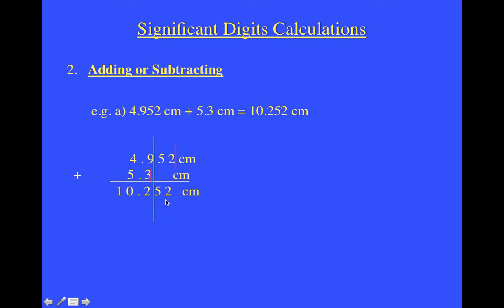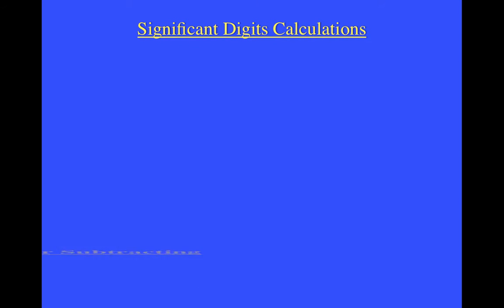Those 5.2, we can't account for them because the second measurement wasn't precise enough. So we look at 10.2, we see the 5 rounds the 2 up to a 3, and so we get 10.3 centimeters. It's all about place value in this game for adding, subtracting.